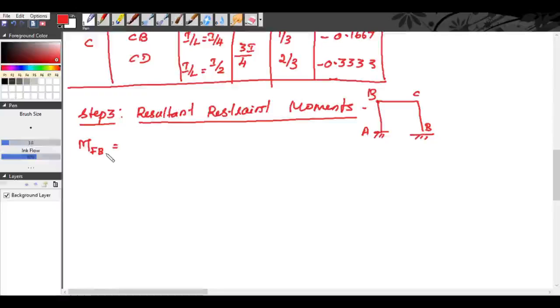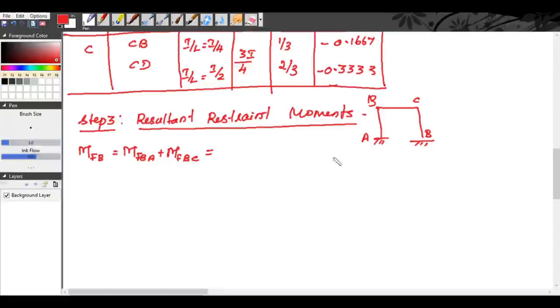That is, resultant restrained moment at B will be equal to MFBA plus MFBC, the summation of all the fixed end moments meeting at joint B. So that will be equal to MFBA is 0, MFBC is minus 8.